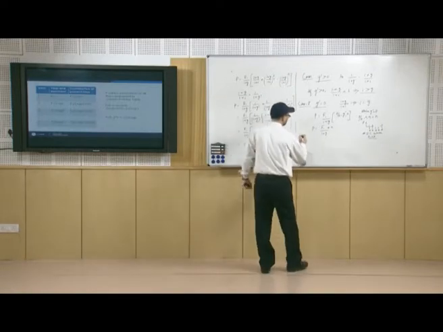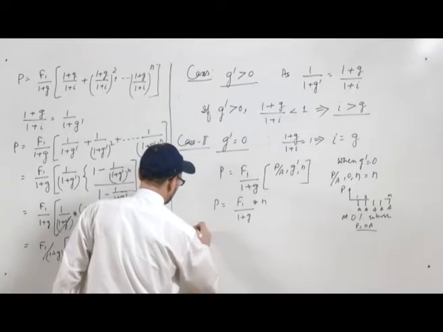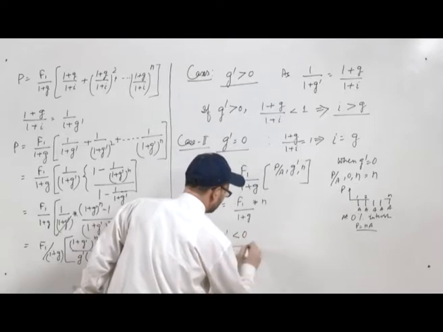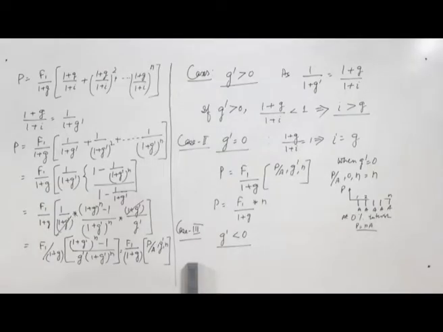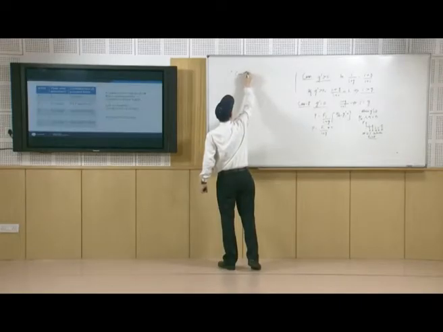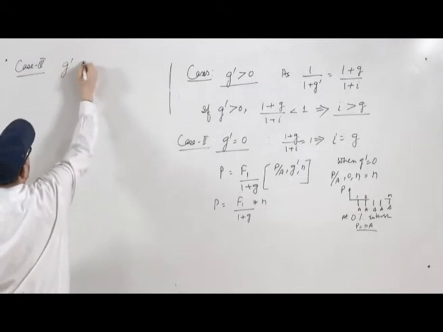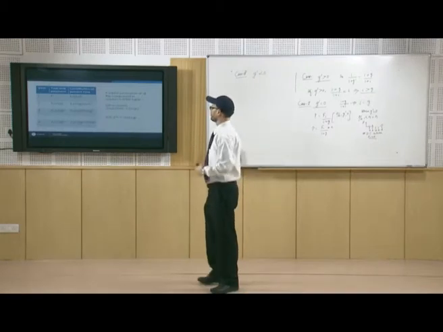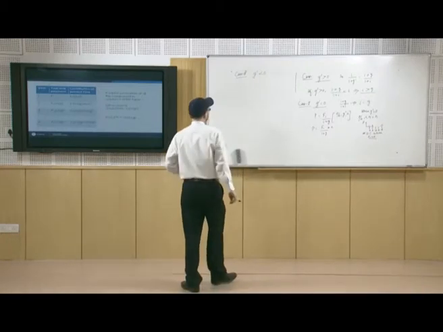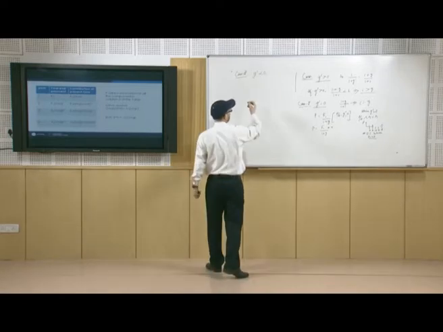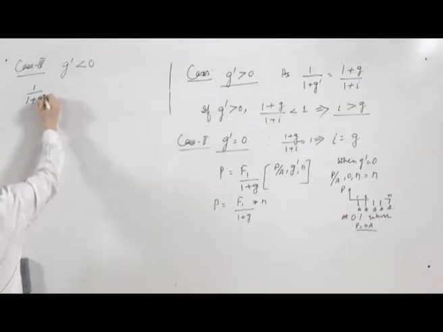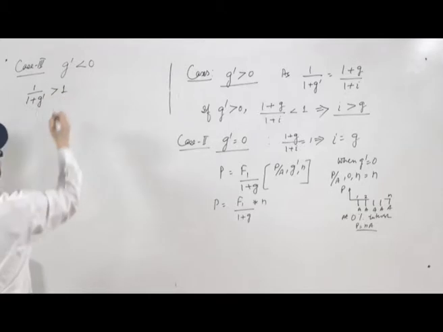The third case is g prime less than 0. Let us find it at the top. So, case 3 is g prime less than 0. Now, in this case, what happens? Since g prime is less than 0, 1 by 1 plus g prime will be more than 1.